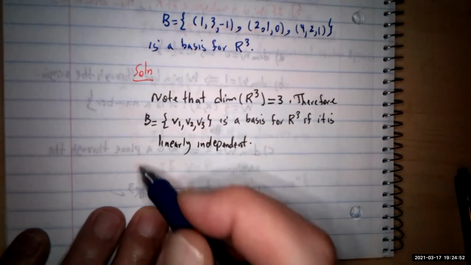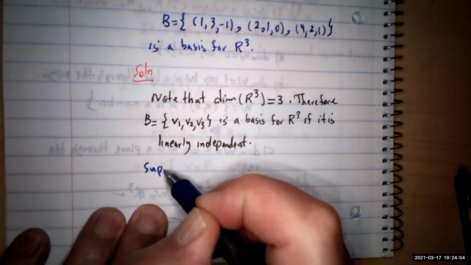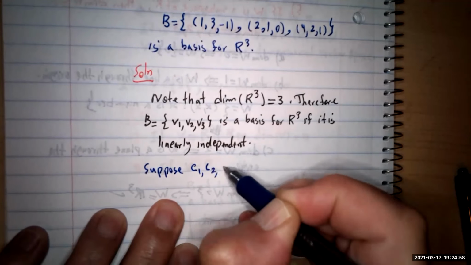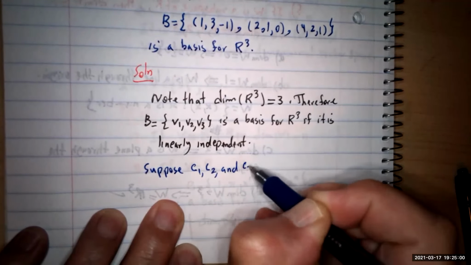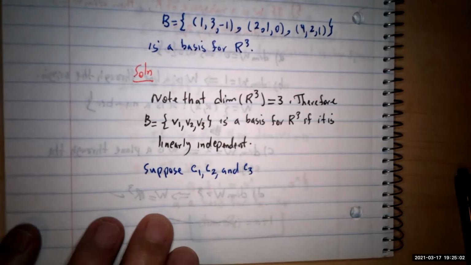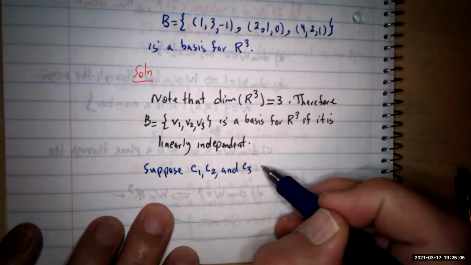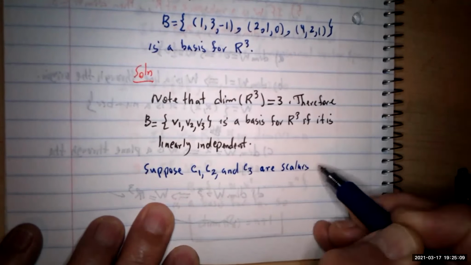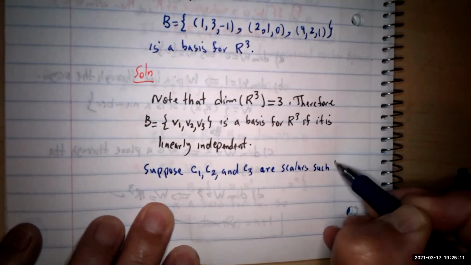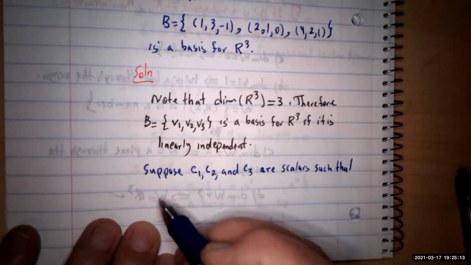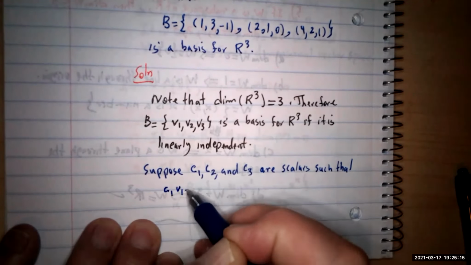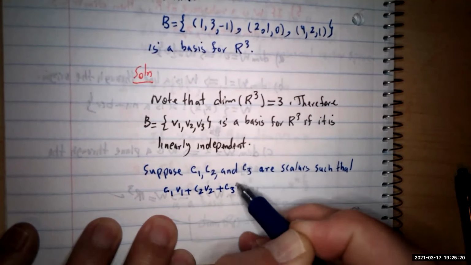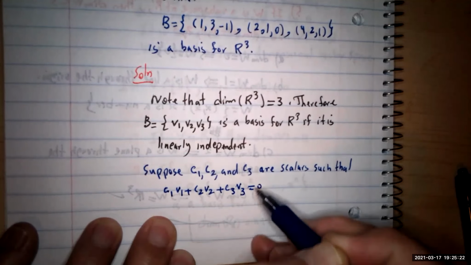How do we check? Suppose C1, C2, and C3 are scalars such that C1V1 plus C2V2 plus C3V3 is equal to 0.